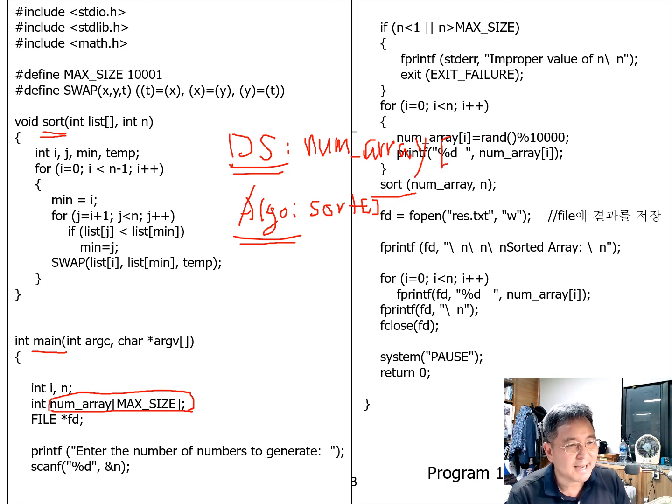This array size can also be specified, and the maximum size here is 1000 or 10,001. Okay, so this is the data structure defined in this program, and the algorithm can be said to be the sort function.